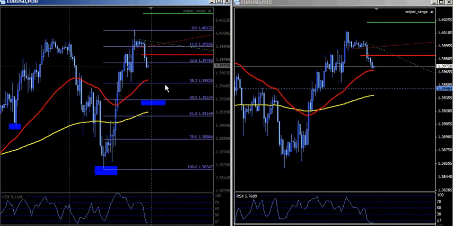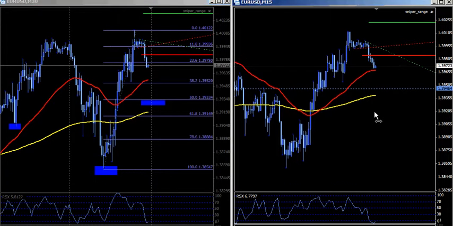The 30-minute 38.2. Watch that level for a possible bounce. Watch price action on the 15-minute chart for an entry. If the price action isn't there, watch for possibly the 50% on the 30-minute. If and when price reaches that point, watch the 15-minute for your entry candle.